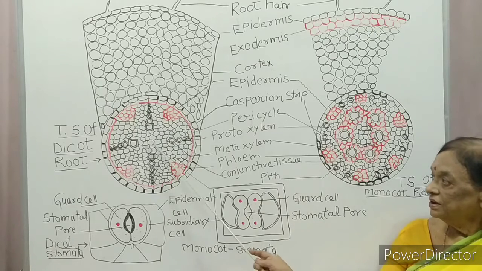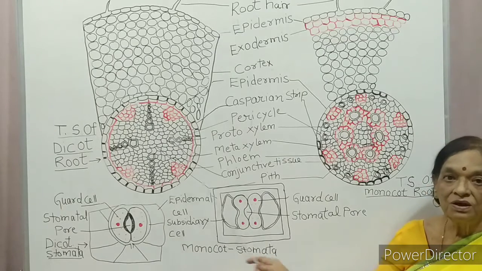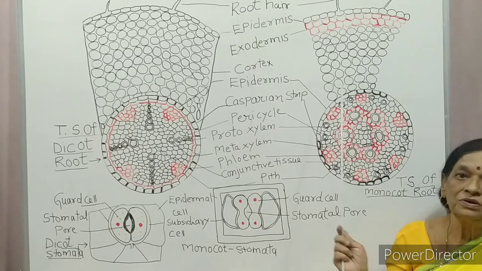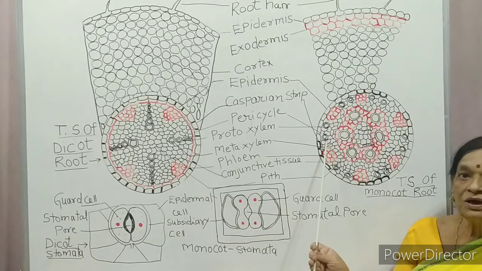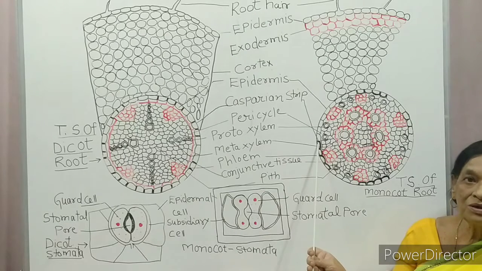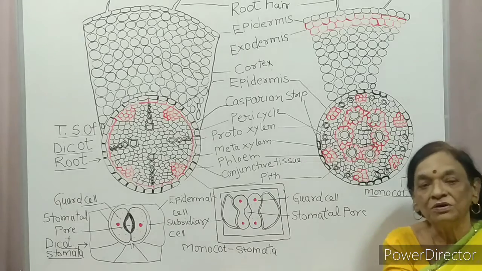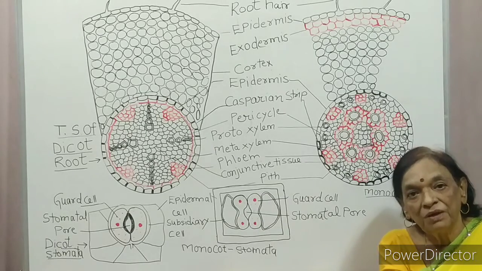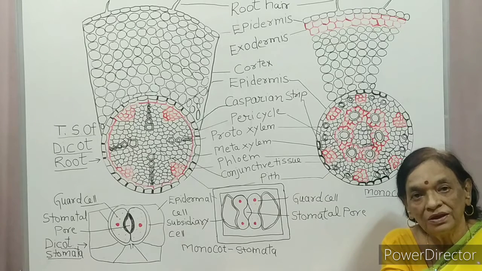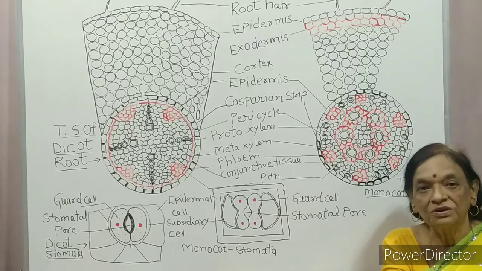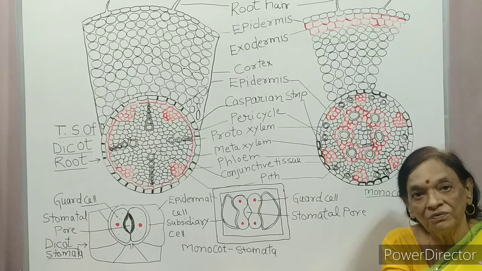And here conjunctive tissue is of one type. Here conjunctive tissue is of two types. Metaxylem surrounded by sclerenchyma and protoxylem surrounded by parenchyma. So these are the differences between monocot and dicot root. Draw the diagram 5 times.